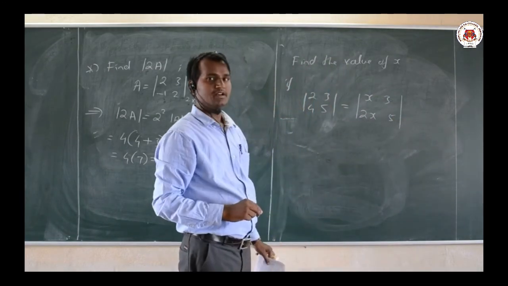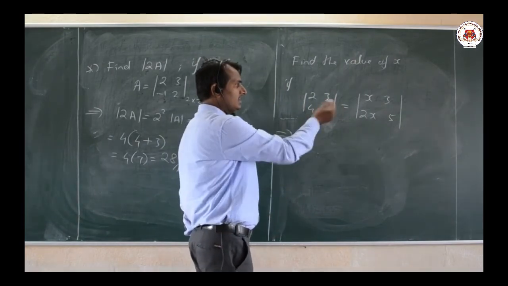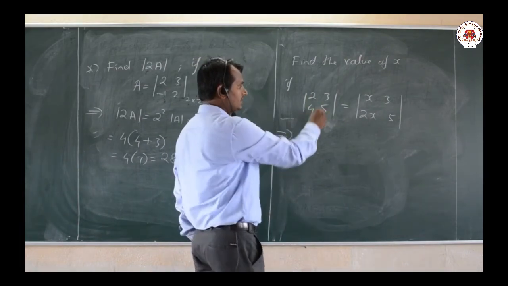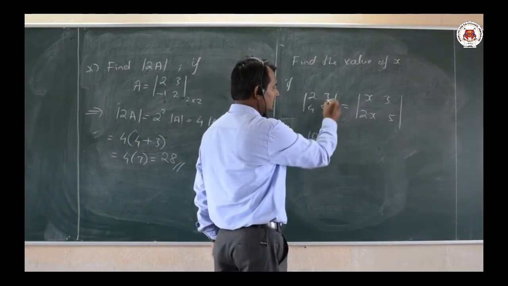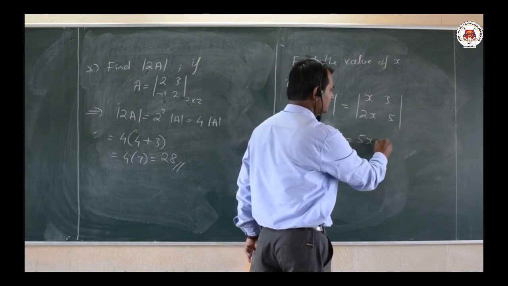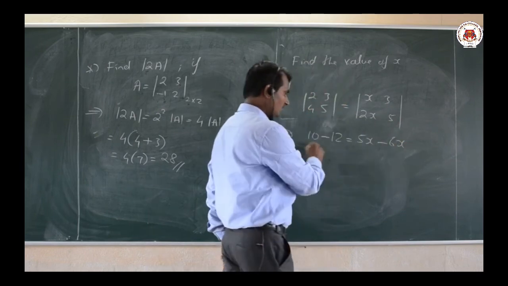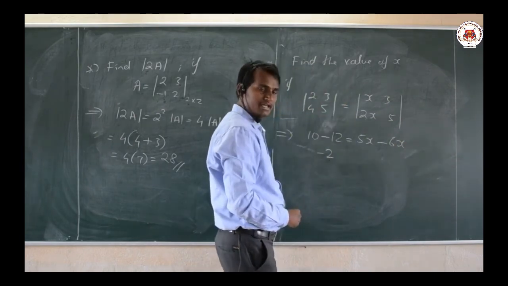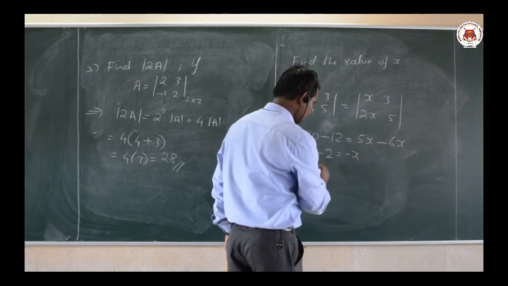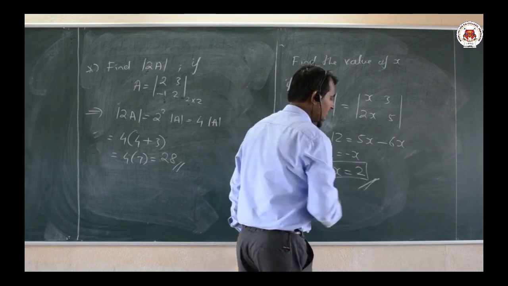Let us evaluate the left and right sides separately. That is 2 into 5, the value is 10, minus 4 threes are 12, equal to x into 5, that is 5x, minus 2 into 3x, that is 6x. That means 10 minus 12, which is minus 2, equal to 5x minus 6x, that is minus x. That implies the value of x equal to 2. That is your required result.